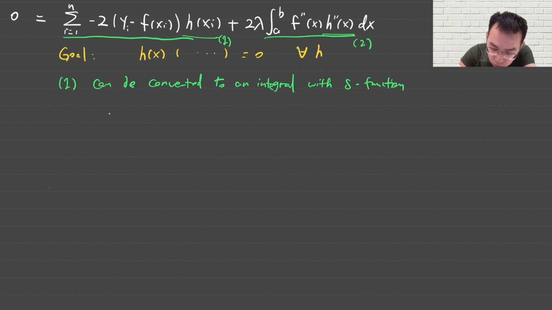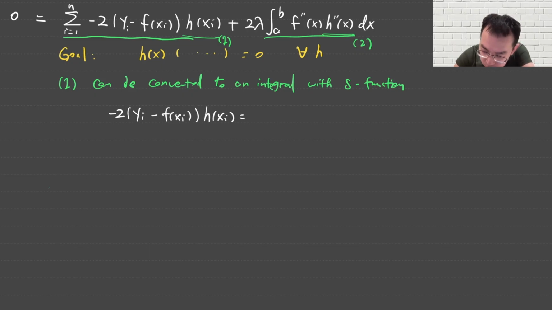We get minus 2 times y i minus f of x i, times h of x i. Let's apply the delta function integral directly, as an integral from a to b, to convert h of x i into h of x.